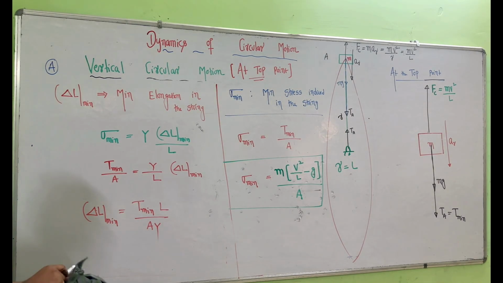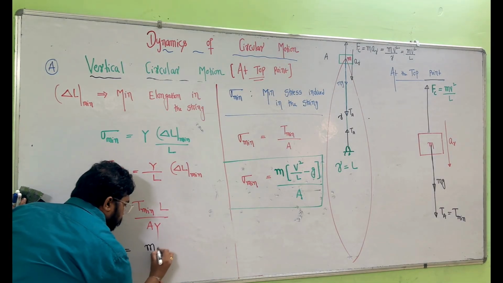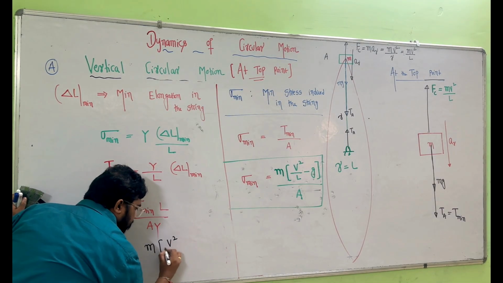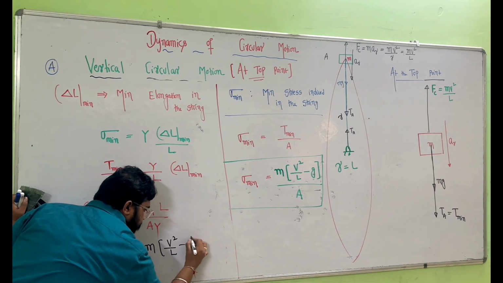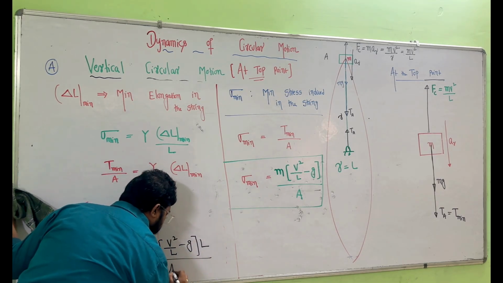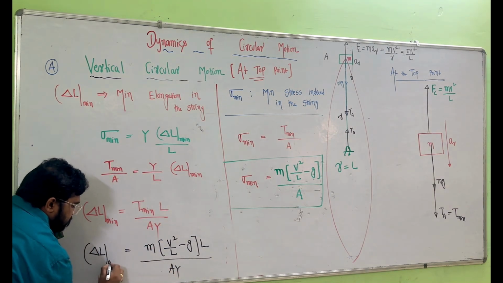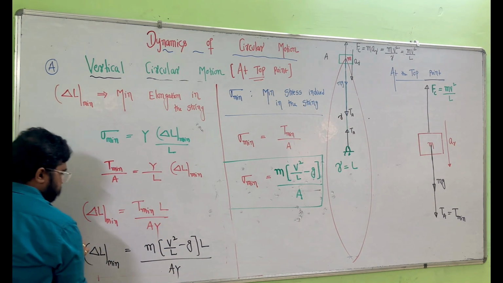What is the T minimum? M into V square by L minus G, into L by AY. This is the delta L minimum.